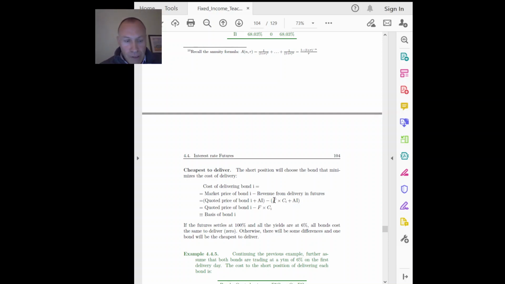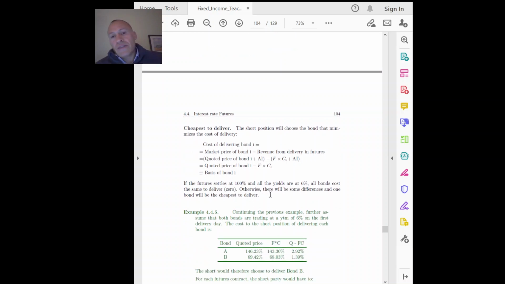Okay. Anyway, the accrued interest cancels on both sides, so we get just the difference between the quoted market price and this futures price, all right? And we call that, in this context, the basis of bond I, right?